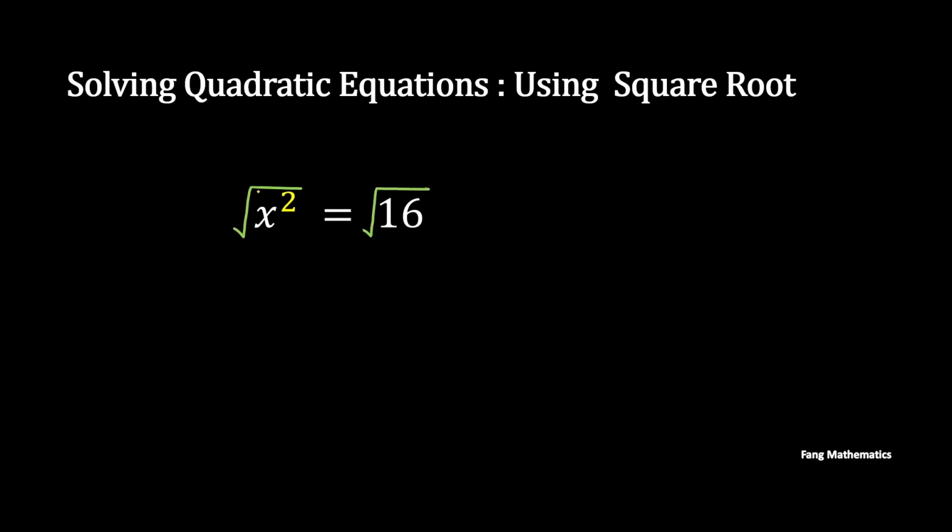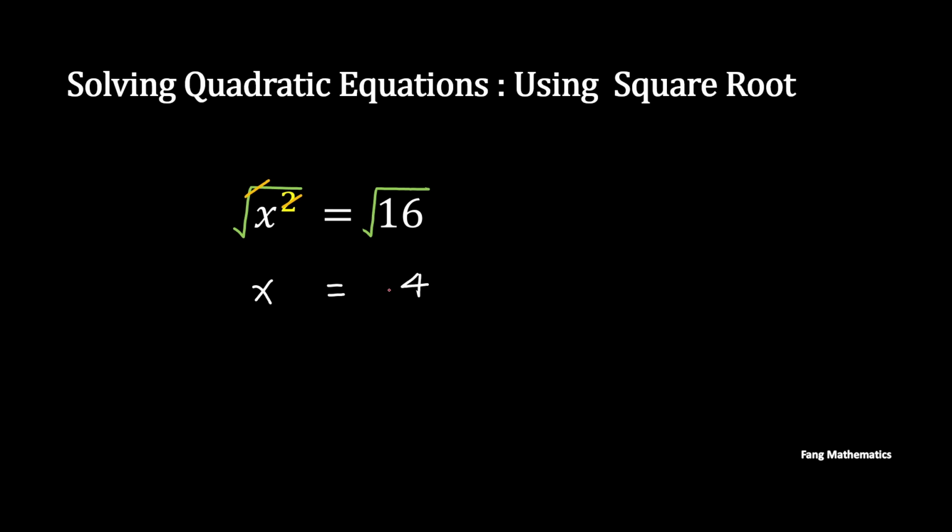On the left-hand side, your square root and power 2 get eliminated, leaving you the x. On the right, square root of 16, if you take the principal square root, you should get 4.